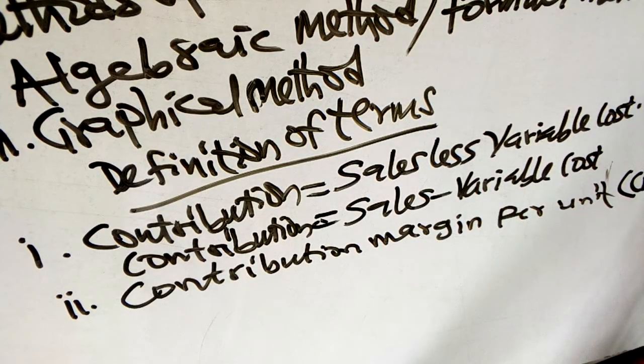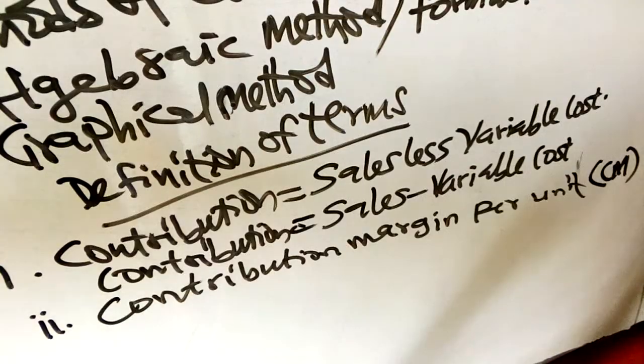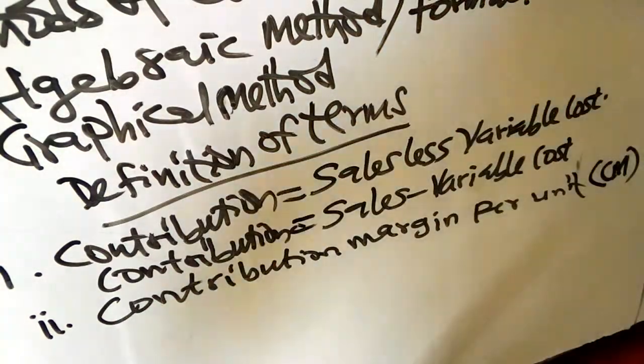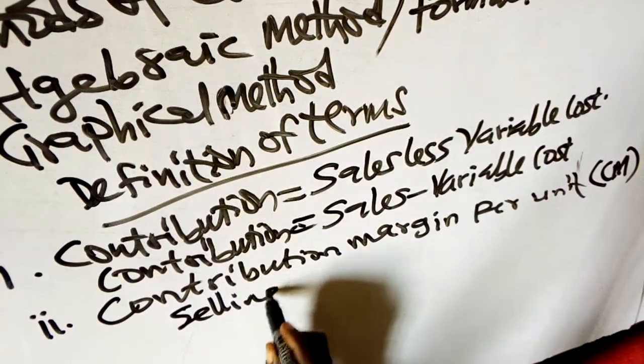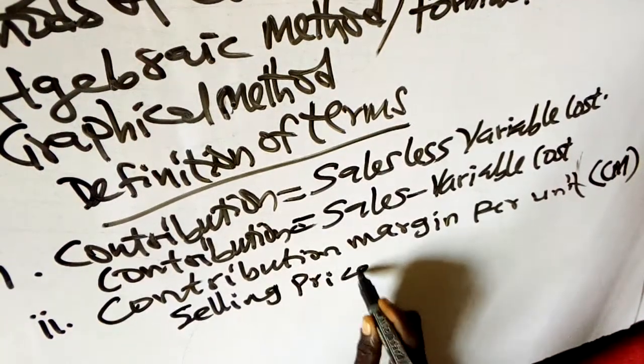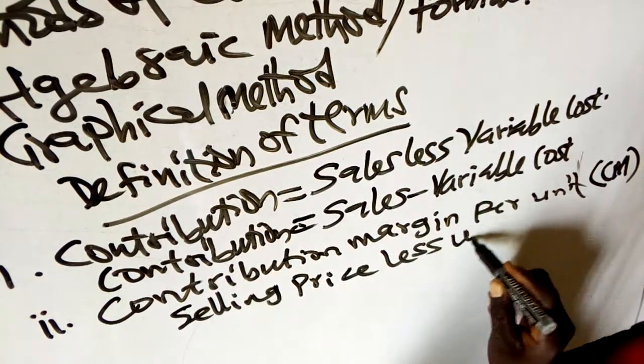Contribution margin per unit is selling price less unit variable cost.